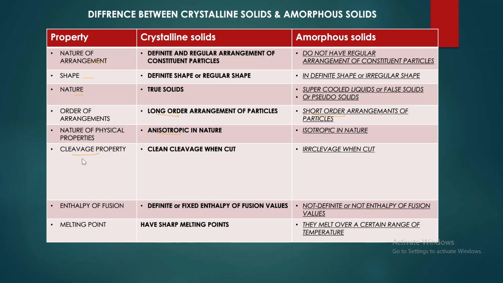Now in the cleavage property, crystalline solids show clean cleavage when cut. You can see in this picture, when we cut a substance using a knife, the surface is smooth and clean, just like when we cut a vegetable with a knife. But amorphous solids show irregular cleavage.